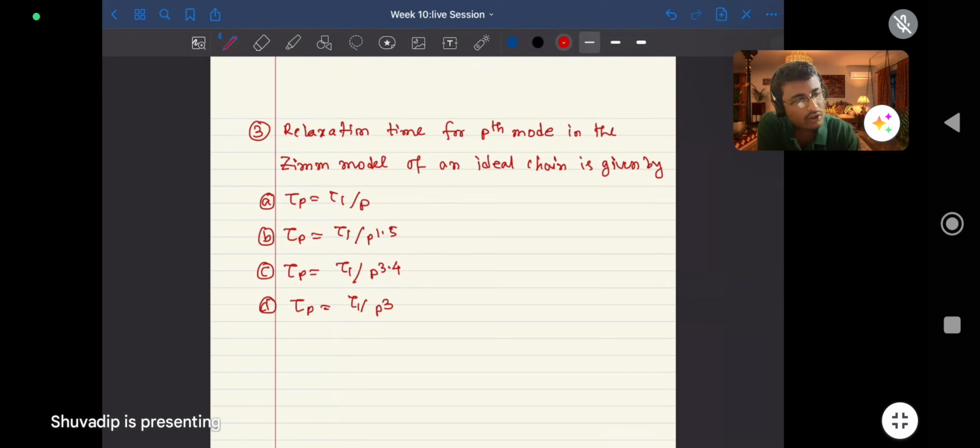So as we have discussed, the correct option should be tau p goes like p to the power 3 by 2, basically 1.5.